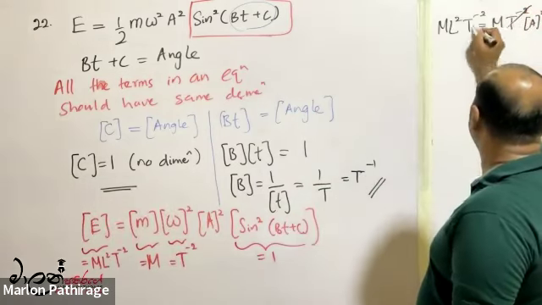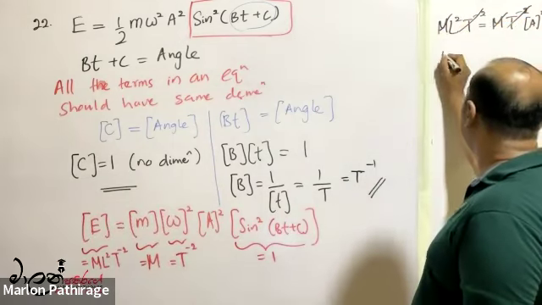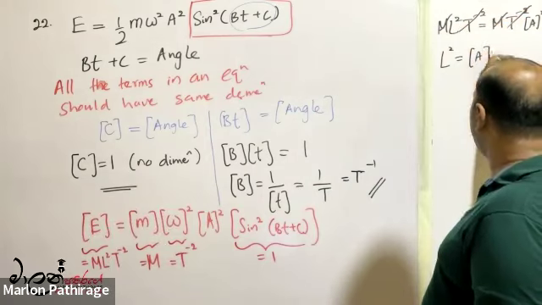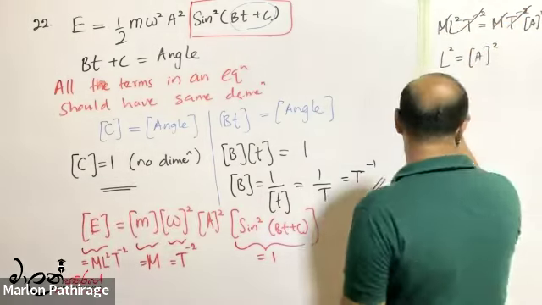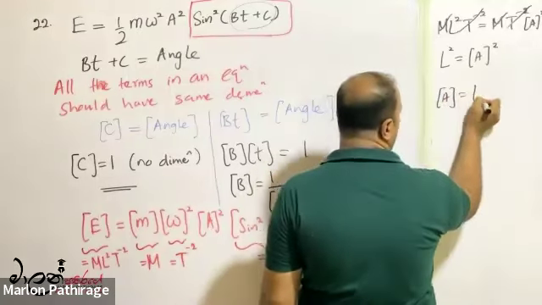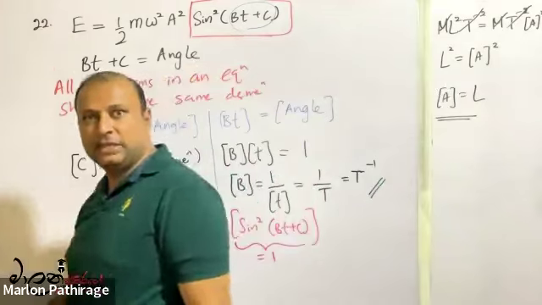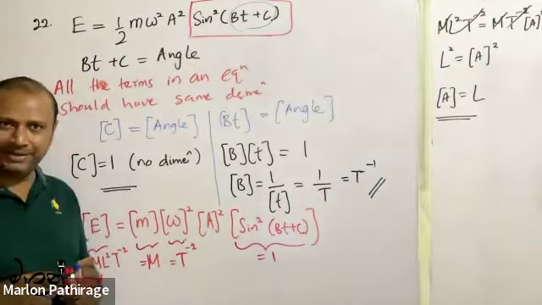T minus 2 to T minus 2 will be cancelled out, M to M will be cancelled out. Therefore, L squared is equal to the dimension of A squared. That means the dimension of A is equal to L.